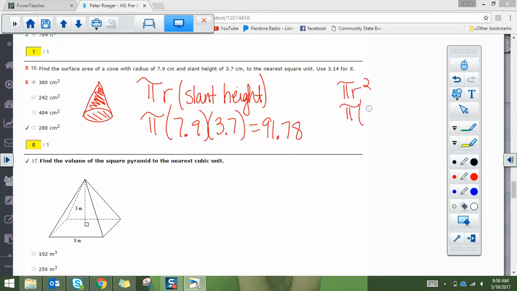So that's pi times 7.9 squared. And we're going to add whatever we get here to the 91.78. So 3.14 times 7.9 times 7.9 is 195.96. So I'm going to add that to 91.78, and you get 287.7, which rounds to 288.